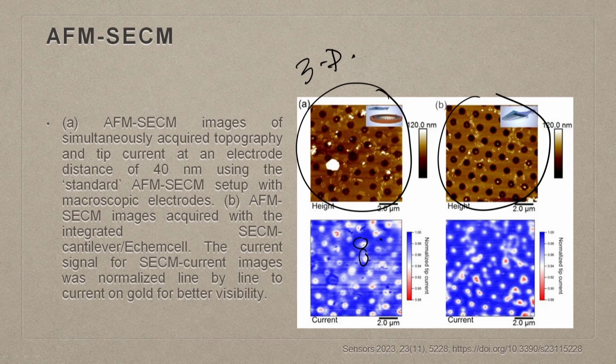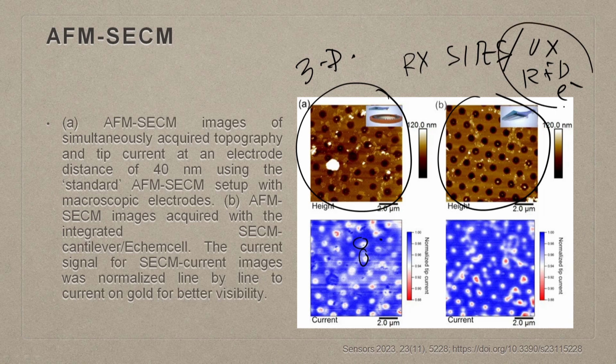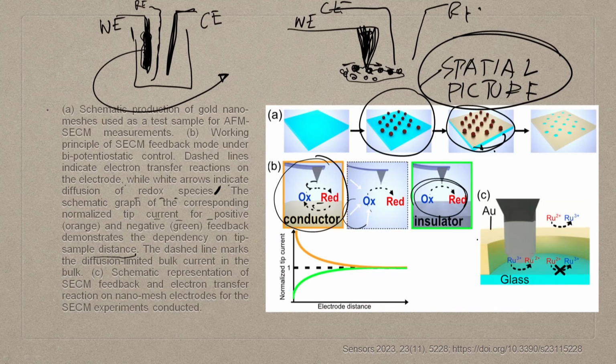So, you can figure out which are the reaction sites where oxidation, reduction or electron transfer are happening. You can locate all those spots far more easily versus when you are just doing a static electrochemical measurement as shown out here. Okay.